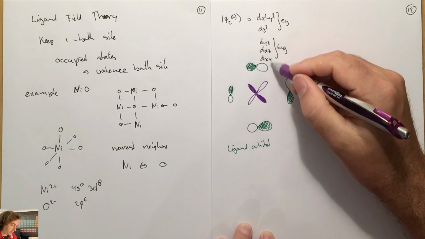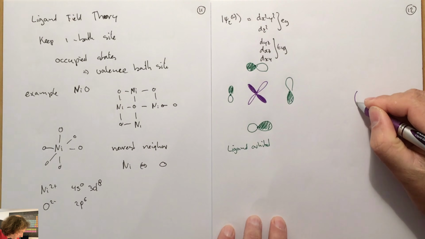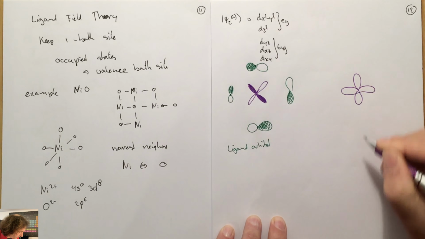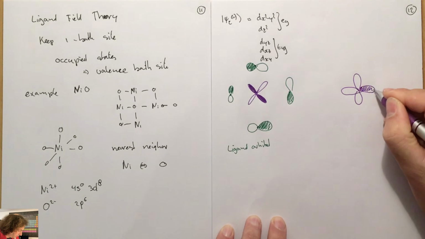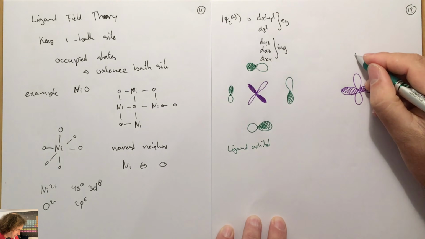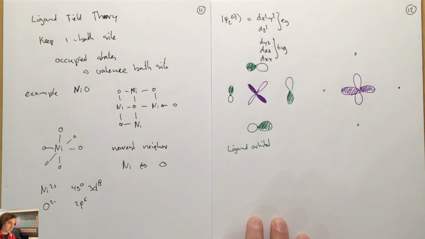You get a similar picture for the other t2g orbitals, just rotated in space. If we look at our eg orbitals, then we start from an x square minus y square. Looks very similar, just rotated by 45 degrees. But that does make a difference, because the centers of our oxygen atoms have not changed.